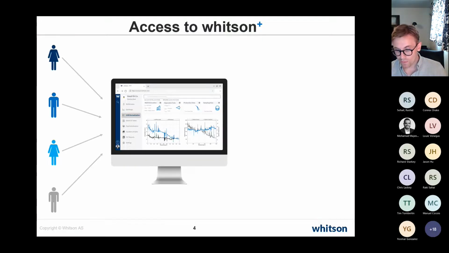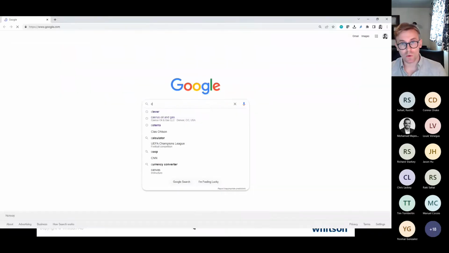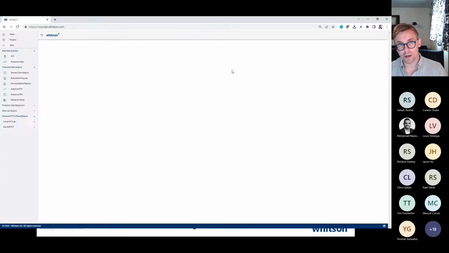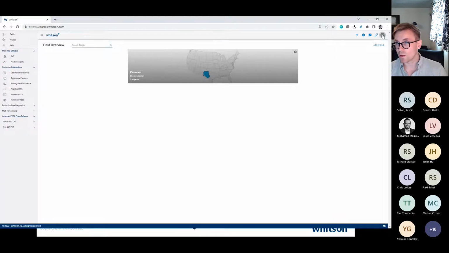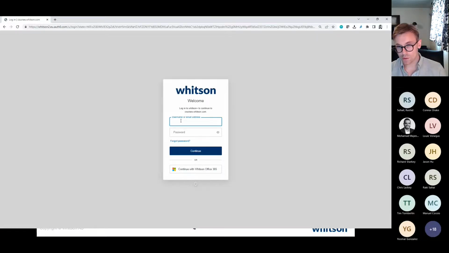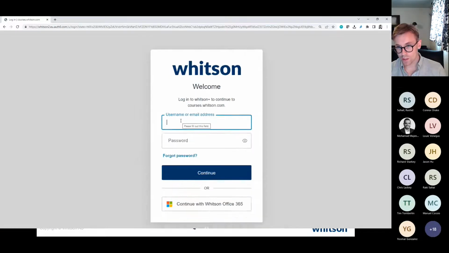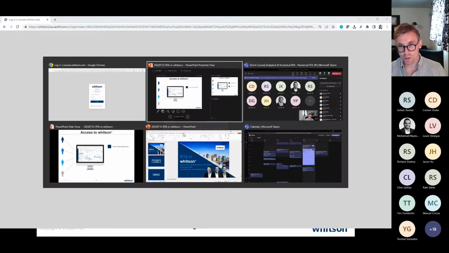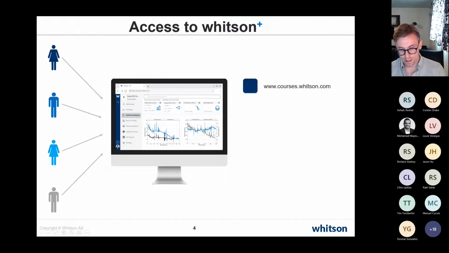Just remember that in the course, we're going to use courses at Whitson.com. How do you access courses at Whitson.com? You just go to courses.whitson.com on the web, and then you log in there. What you log in with, let me show how it is when you log out, is you put your email and username into this first field here, and the password is just what's on the screen right here, and what's communicated in the email.